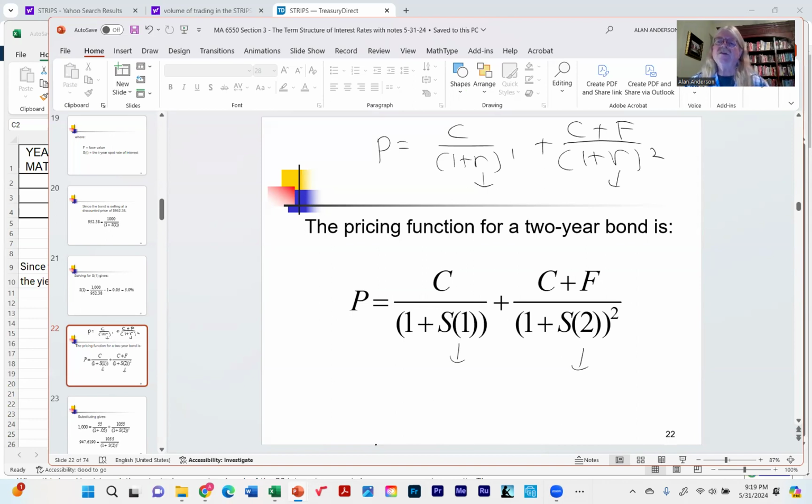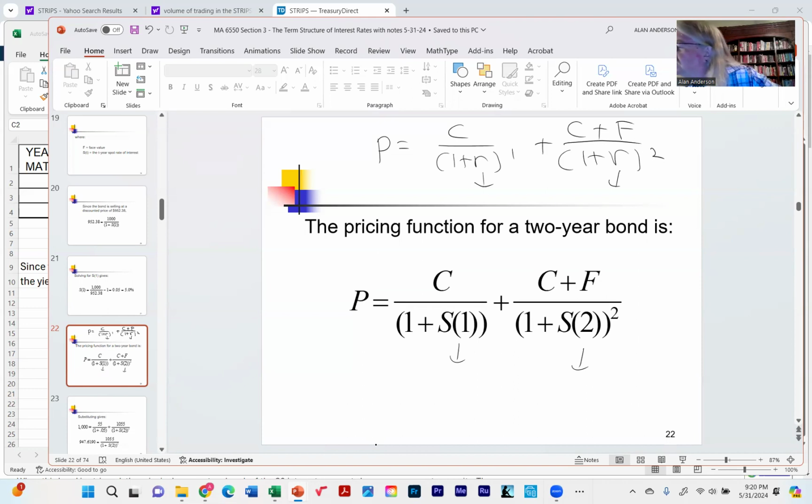With yields, we're discounting all the cash flows with the same yield to maturity. With the spot rates, each cash flow gets its own unique spot rate. And that's one of the reasons why, except for bond pricing, this is more commonly used, because you're giving each cash flow a discount based on that maturity date and nothing else.